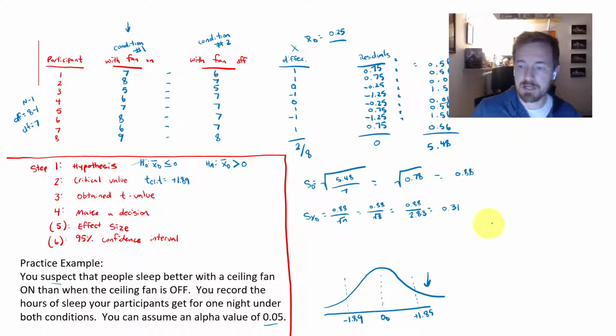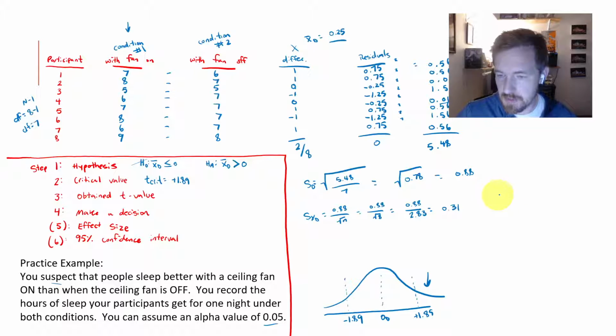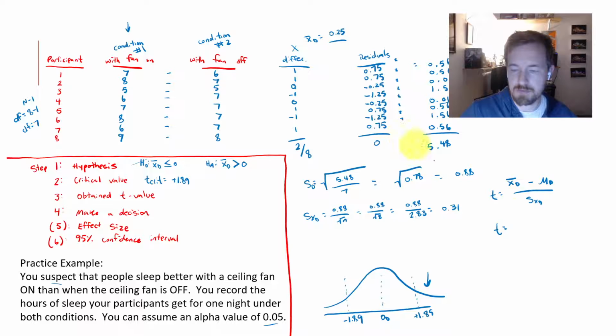So now I'm ready to plug in the values that I need here, and my t is going to be equal to the difference of the sample subtracted by the hypothesized difference divided by the sampling error. We have all those ingredients. Let's put them into the stew. The mean difference is up here, 0.25.